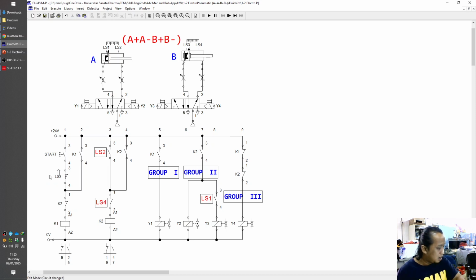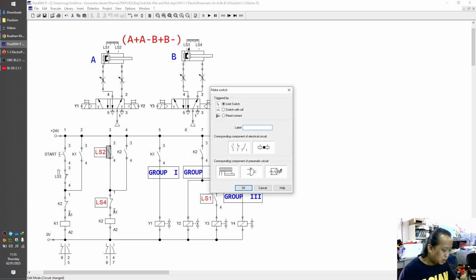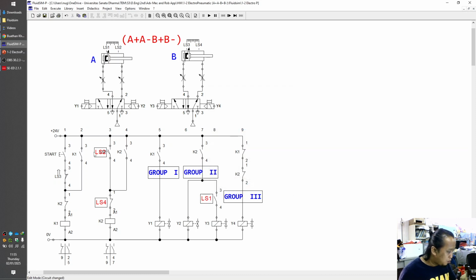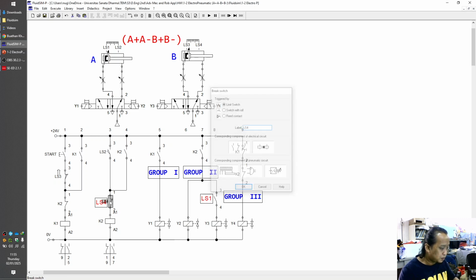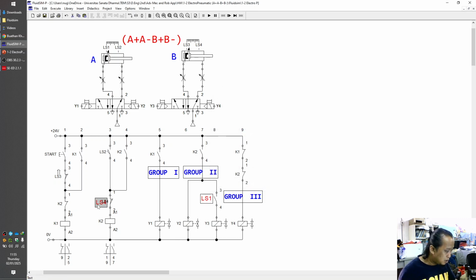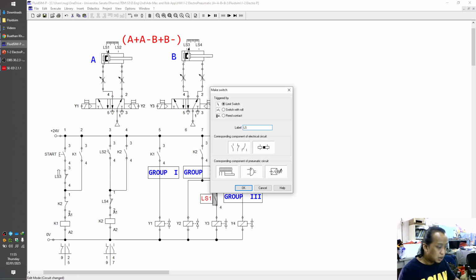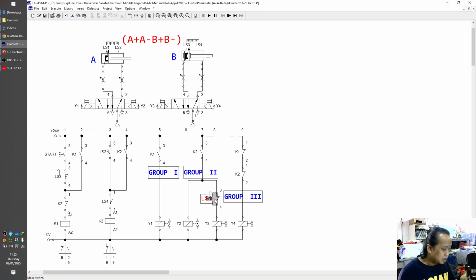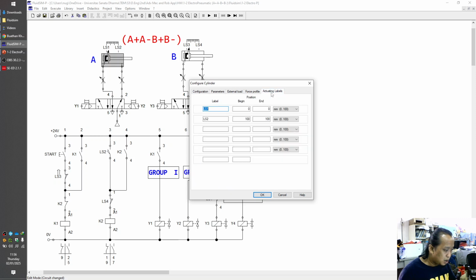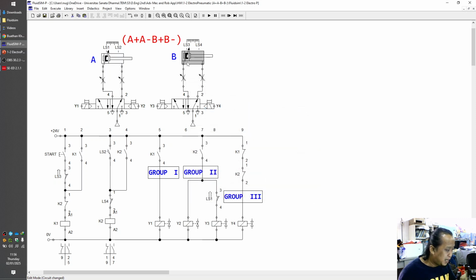I can remove this one, and this one is going to be LS2. I will remove the label, and this one is LS4. This one is LS1. So I will remove this one, and these are the cylinders with actuating labels, and this one is for cylinder B.